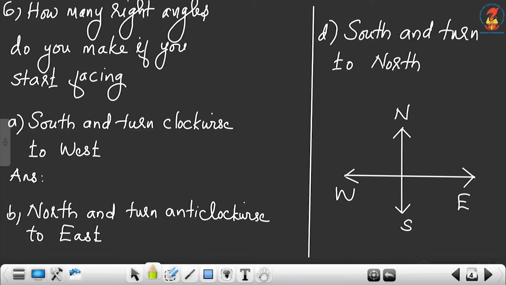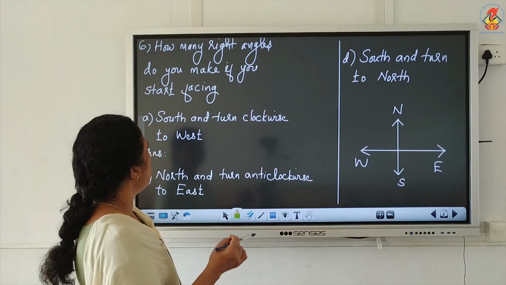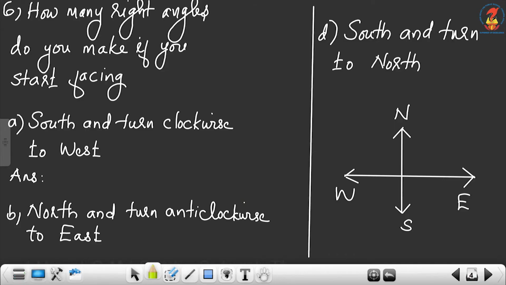Now next one. How many right angles do you make if you start facing south and turn clockwise to west? If you start facing south and turn clockwise, here also the movement is in the clockwise direction. Turn clockwise to west.